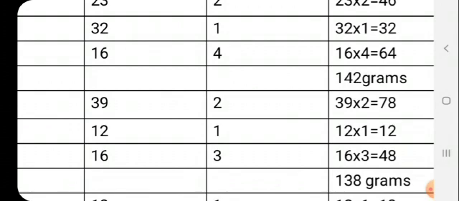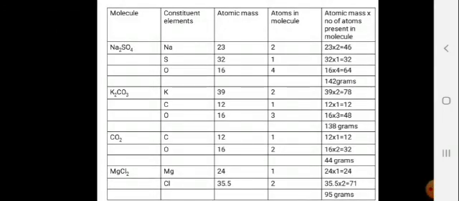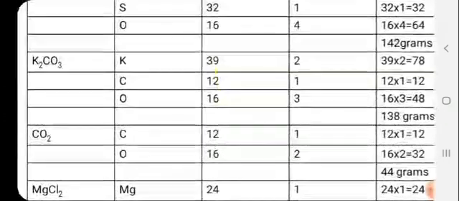And molecular mass is the sum of atomic masses of constituent elements. So 78 plus 12 plus 48 is equal to 138 grams or 138 Dalton. And this is the molecular mass of potassium carbonate.